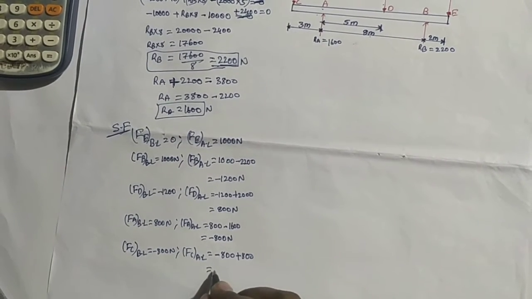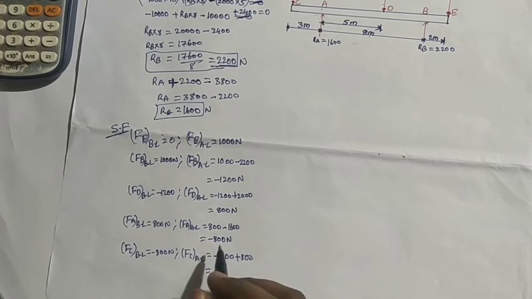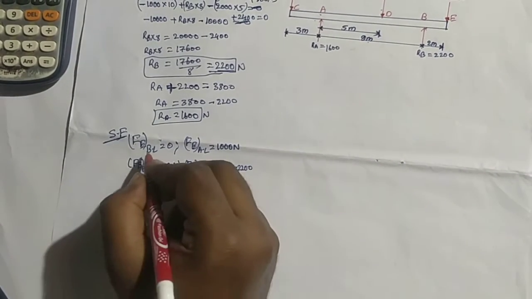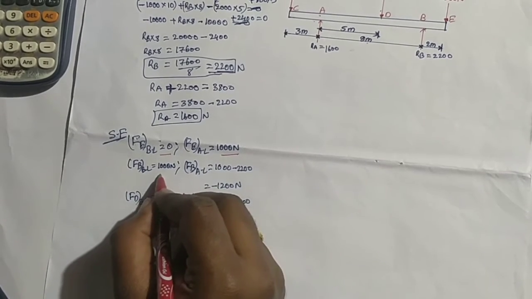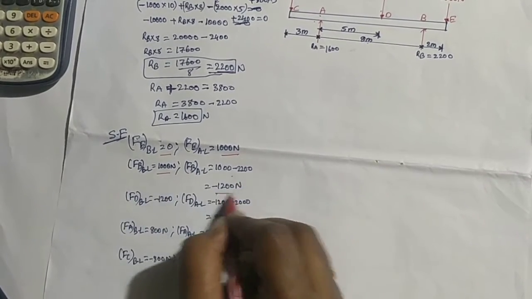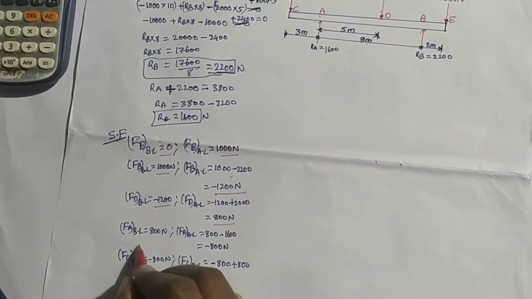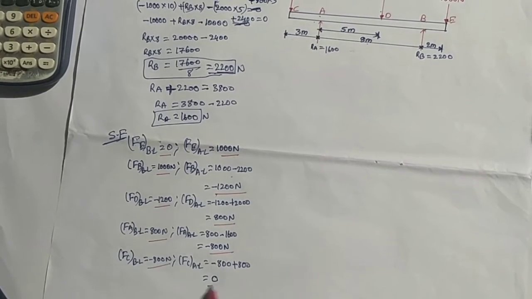Therefore the shear force at point C after the force is 0. Okay, these are the values of shear force at point E before and after load, at point B before and after load, at point D before and after load, at point A before and after, and at point C before and after.